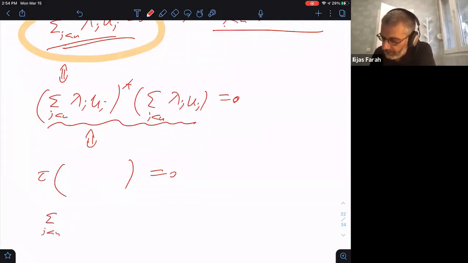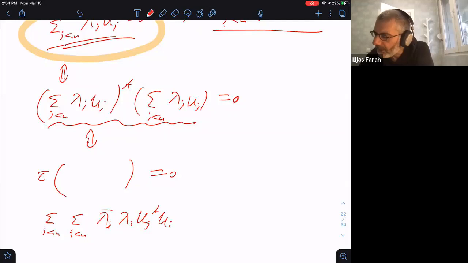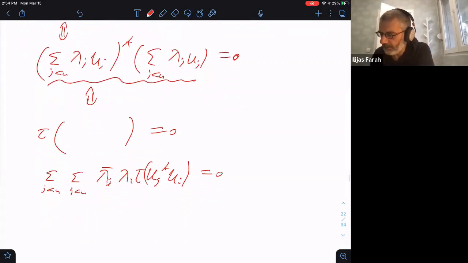So it's the sum over j less than n and the sum over i less than n of lambda_j conjugate, lambda_i, tau of u_j star u_i, except I forgot to write tau. So if and only if this is equal to 0.